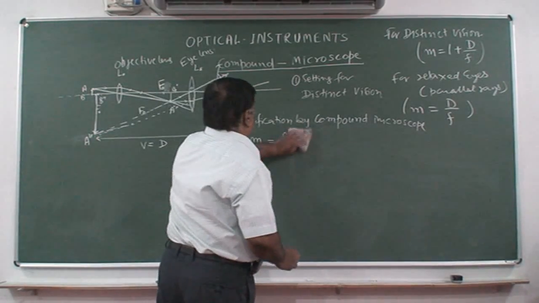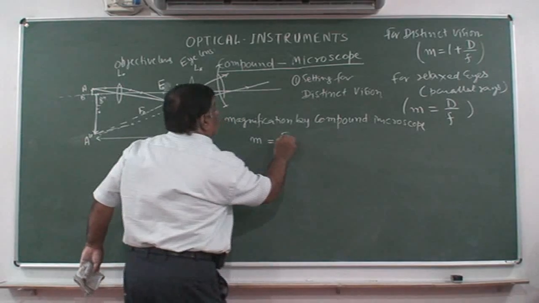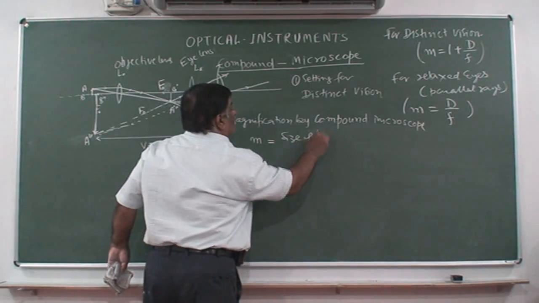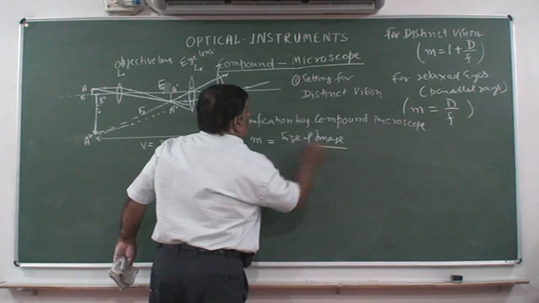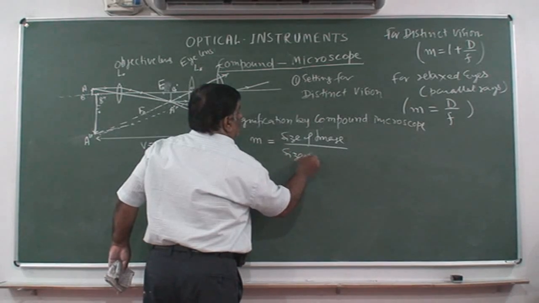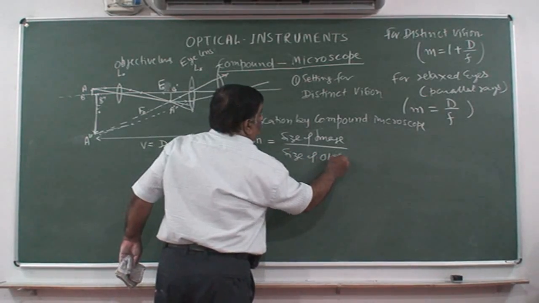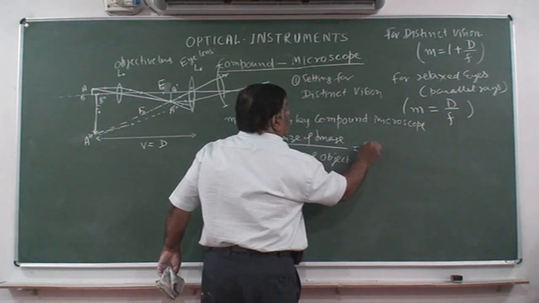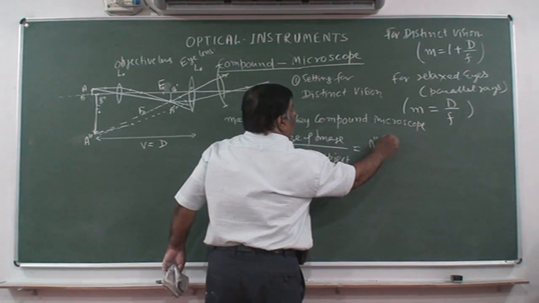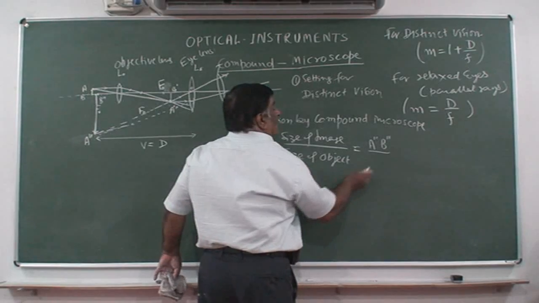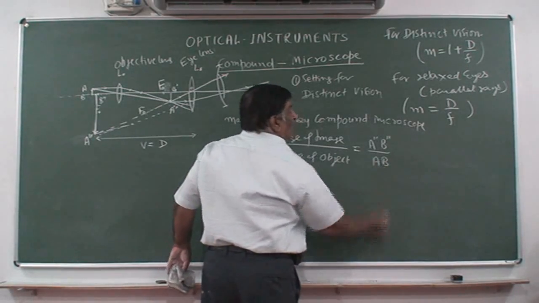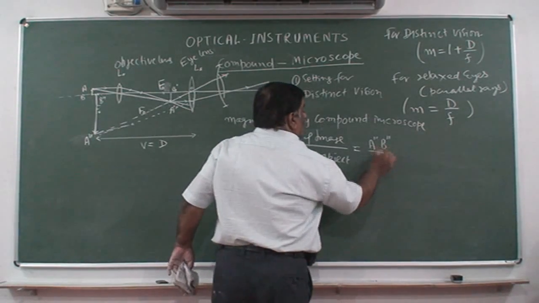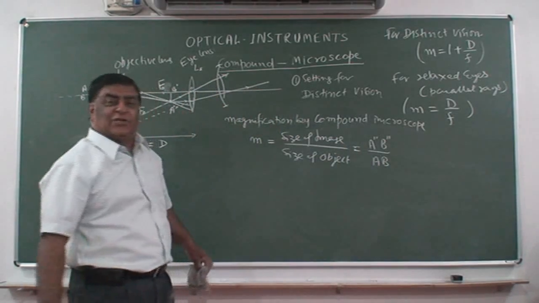Okay, let's write formula first. Size of image, size of object. Size of image, final image by the microscope is A double dash B double dash. Size of the initial object is AB. So this is our magnification.